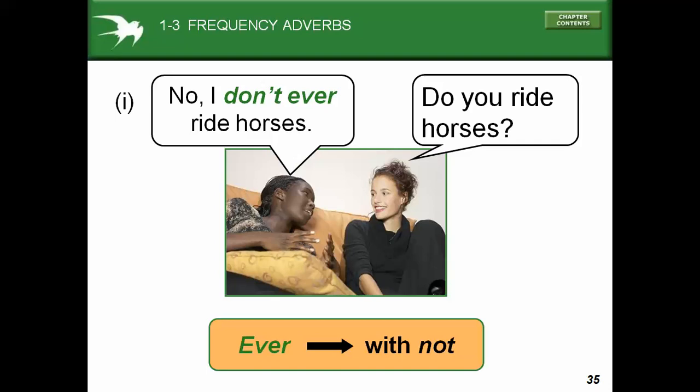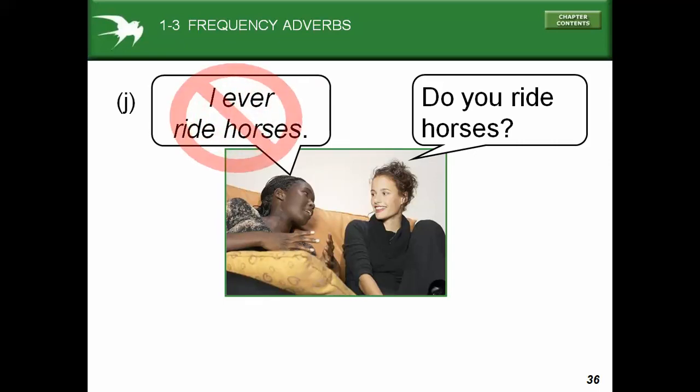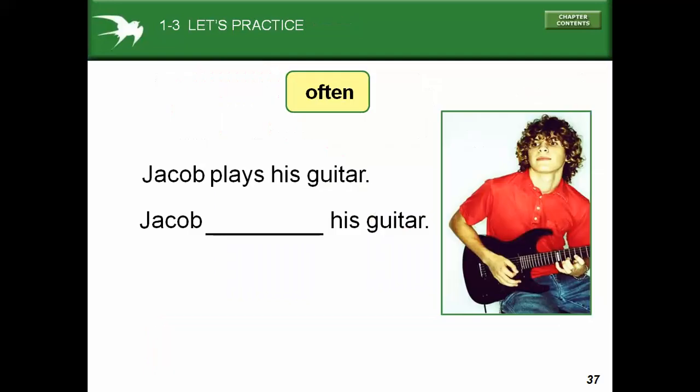Ever with not. Do you ride horses? I ever ride horses. This is ungrammatical. This is not correct. Ever is not used in statements, so don't use ever in statements.